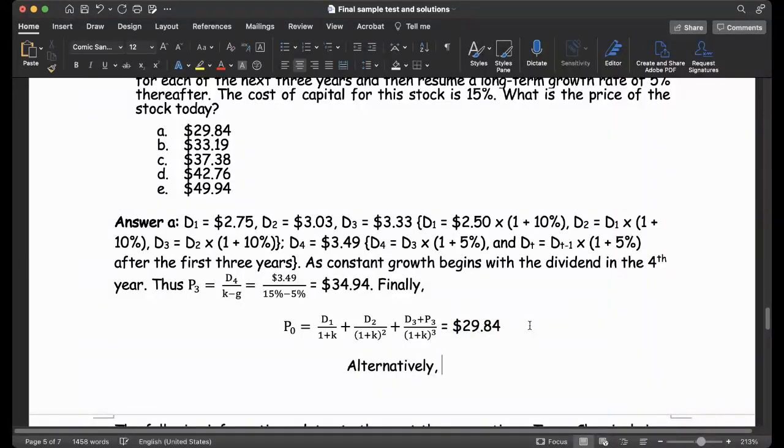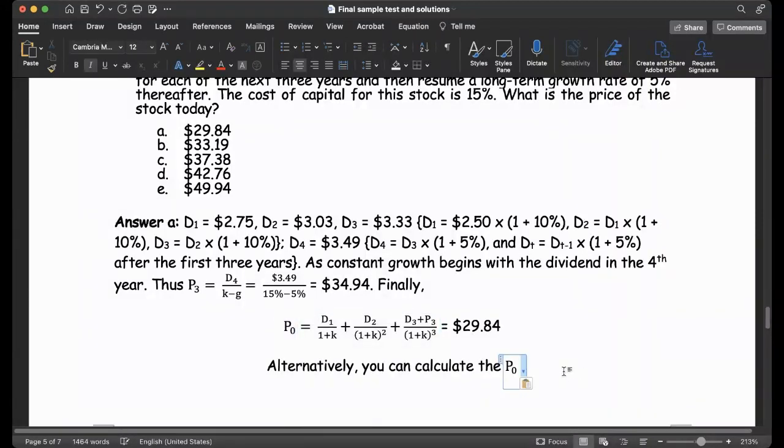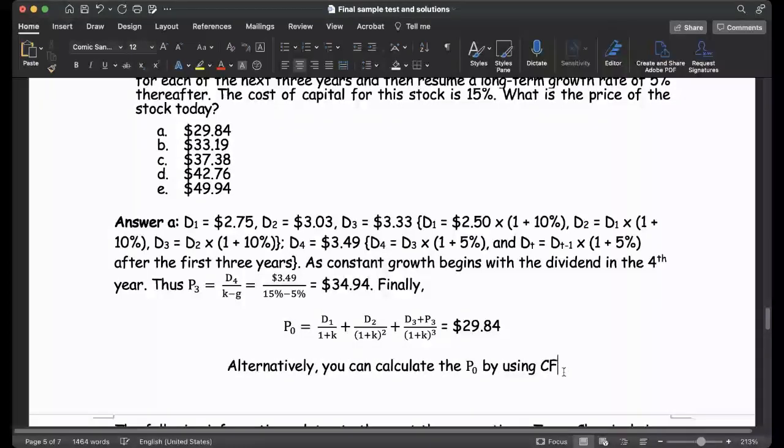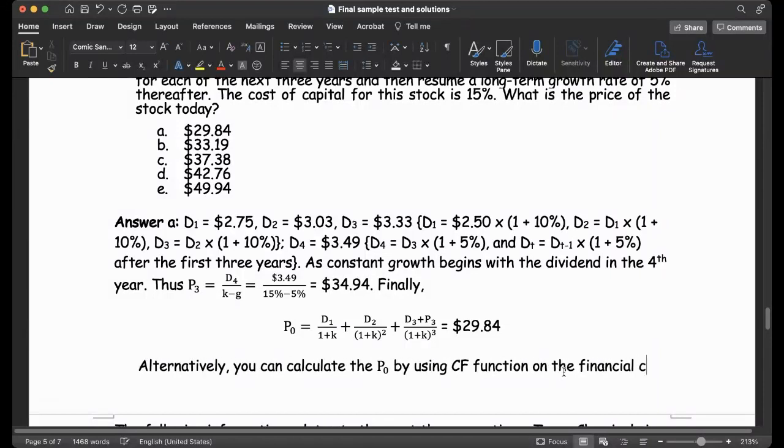Alternatively, you can calculate P0 by using the cash flow function on the financial calculator.